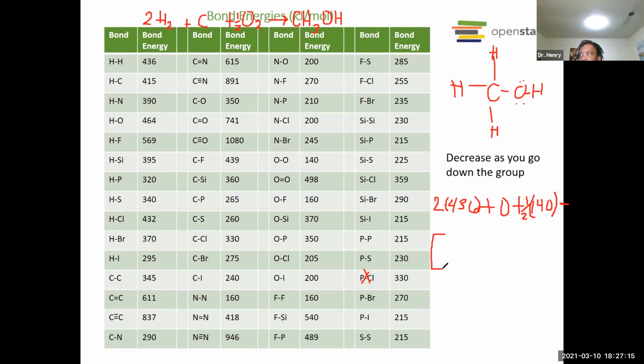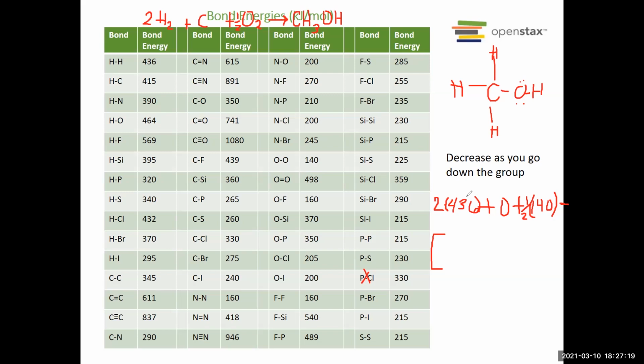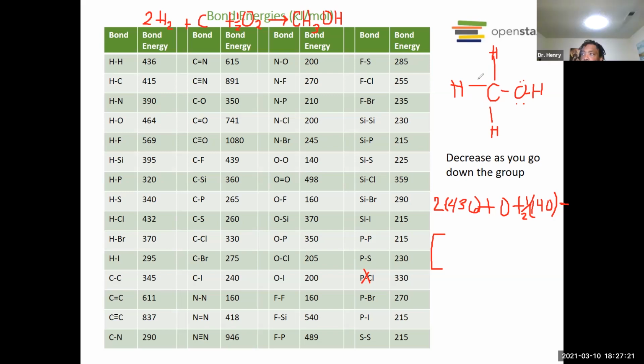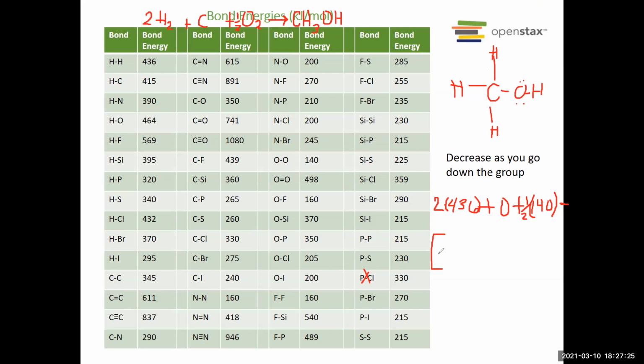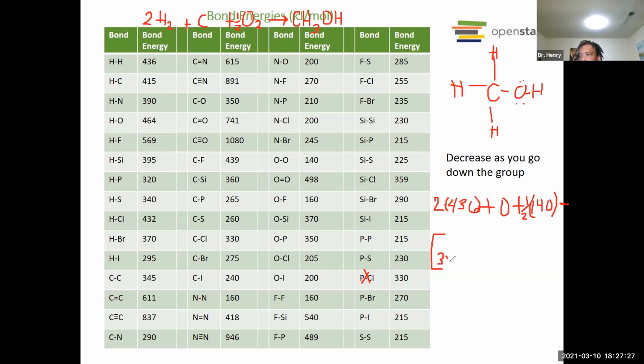And which bonds do we have? C and H. So we have how many C and H's? 3 H's. So we'll go 3 times 415.